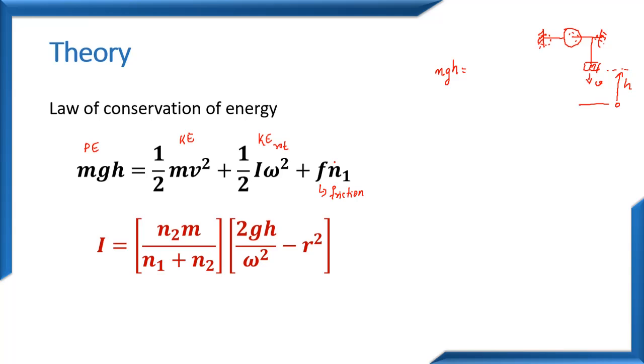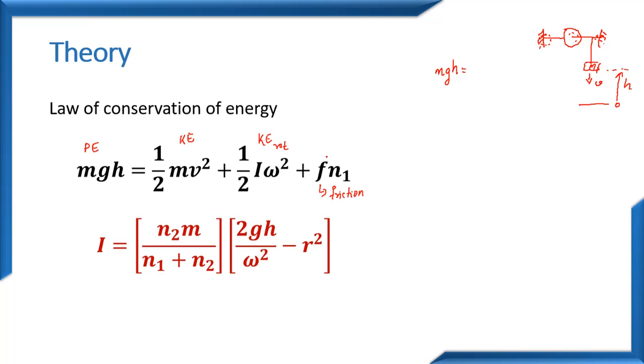So this friction increases with the number of turns. That is, when I rotate the flywheel once, it will have some friction. When I rotate the flywheel twice, it will have 2 times the frictional loss. When I rotate the flywheel thrice, it will have 3 times the frictional loss.